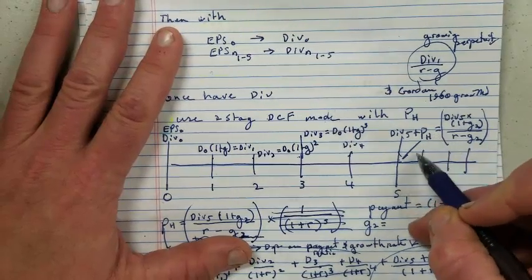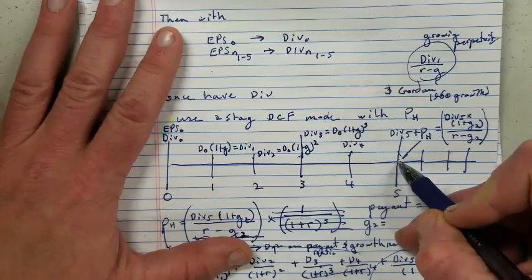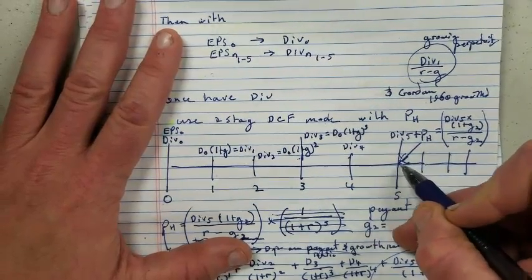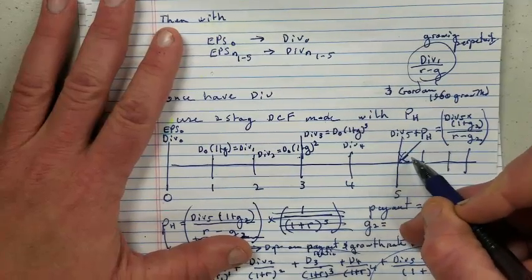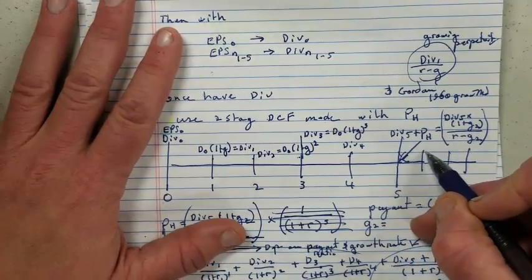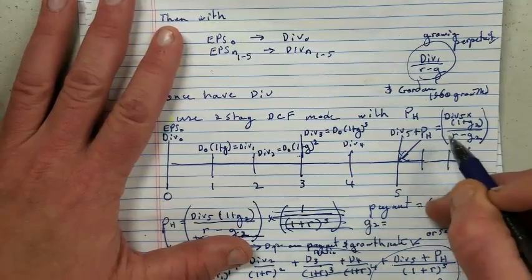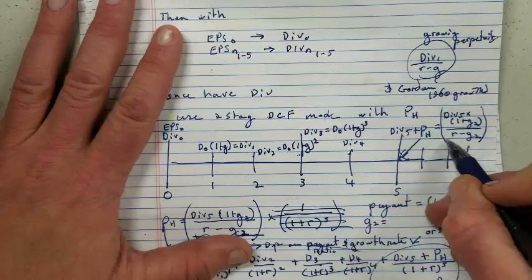That gives you the horizon value. You bring it into where things start to level out in terms of growth. At year 5 and beyond, it goes into a level growth rate of 0.023. So from there, it becomes basically a perpetuity.